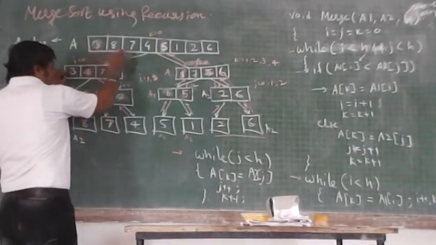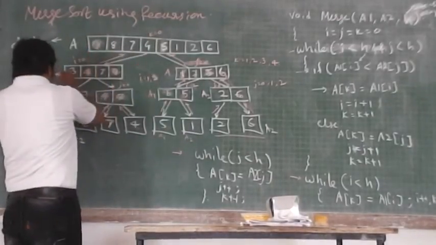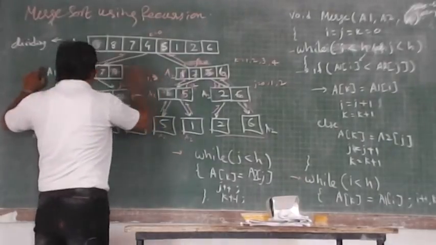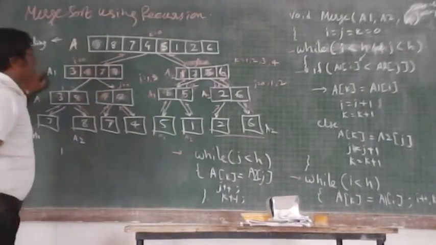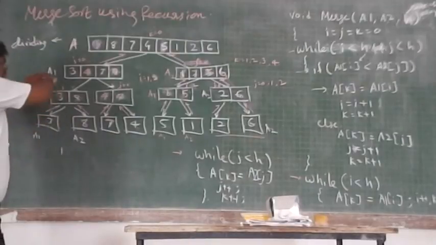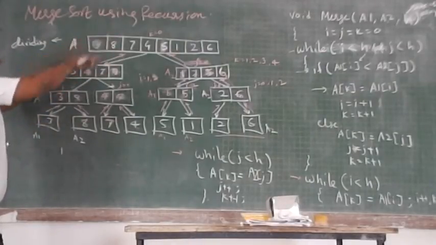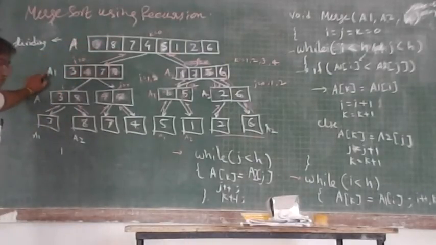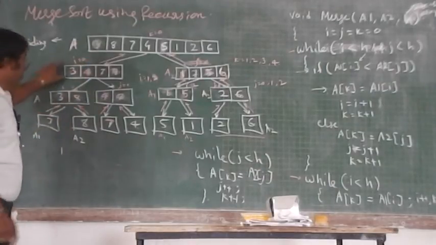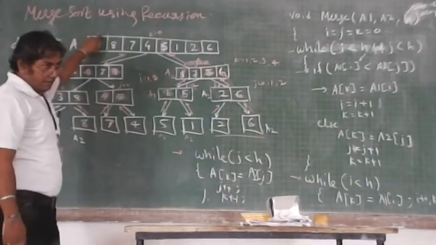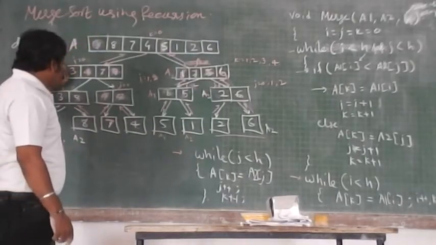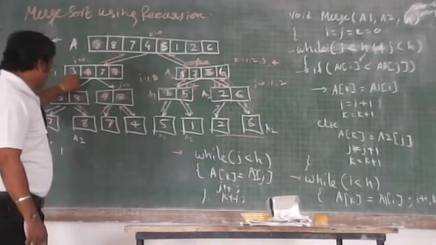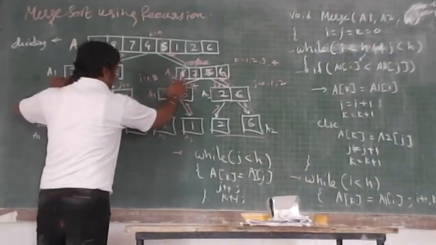Right now, this becomes A1, this becomes A2, and this becomes A during merging. This A1, A2 I pass to the merge algorithm with H value as 4, and this merge algorithm gives me the ordered array.